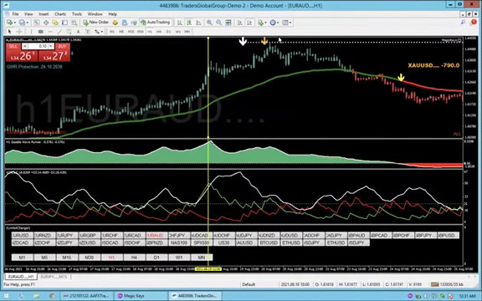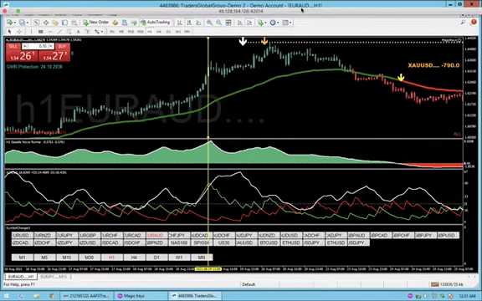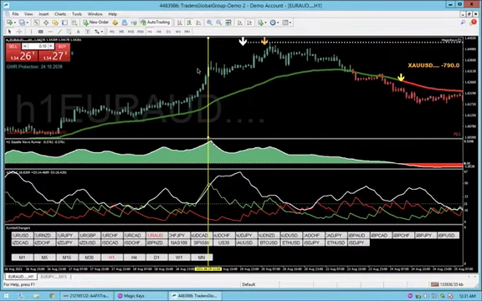We see that the green has crossed the red. It's above it. And look what we have. We have momentum over the 25. So this would be a great place of entry, because we have the direction and we have the momentum to support it.